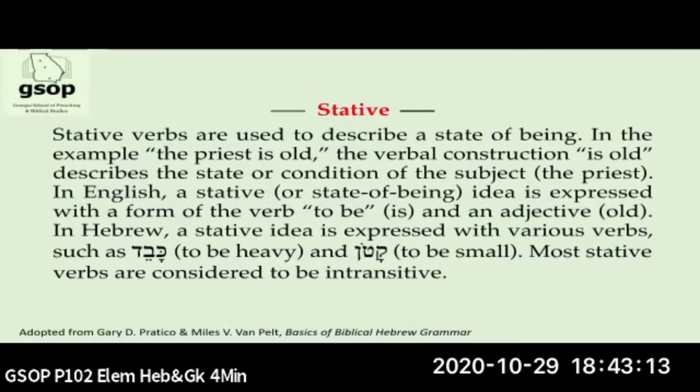The idea of state is expressed with various verbs, such as kavod, to be heavy, and katon, to be small. Most stative verbs are considered to be intransitive. In other words, they won't take a direct object.